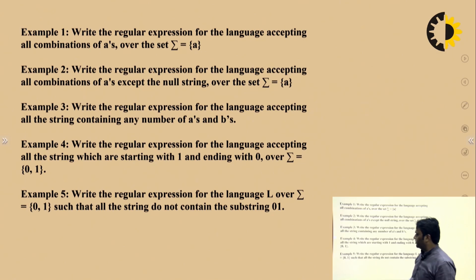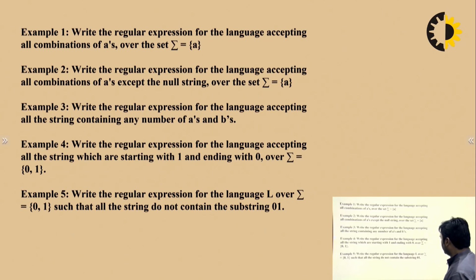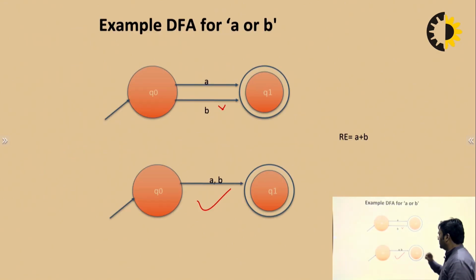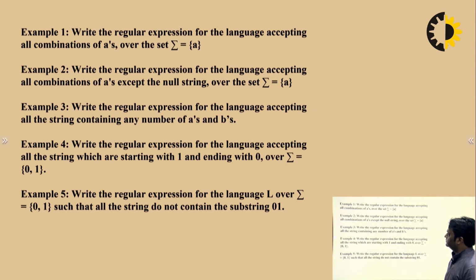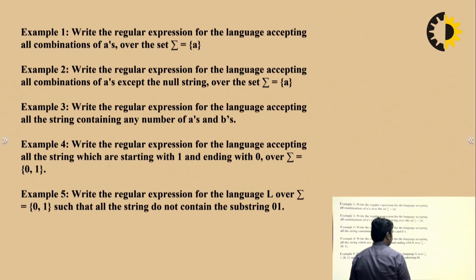Next example, write the regular expression for the language L over sigma equal to {0, 1} such that all the strings do not contain the substring 01. This is another example in which the strings do not contain 01, meaning 01 cannot occur in the string.